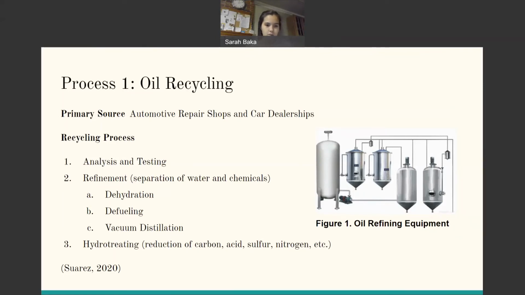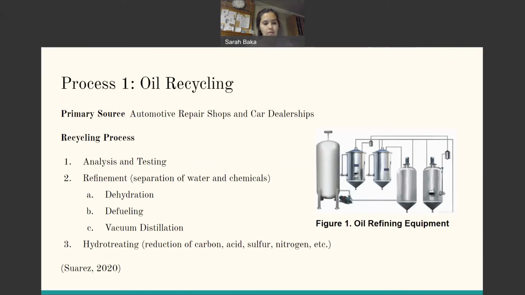It starts out with analysis and testing to see if the oil that is being recycled is able to be further refined. If it passes that test, then it goes into the refinement process, which involves separating water in the oil and chemicals. Refinement is broken down into 3 stages: dehydration, defueling, and then vacuum distillation.